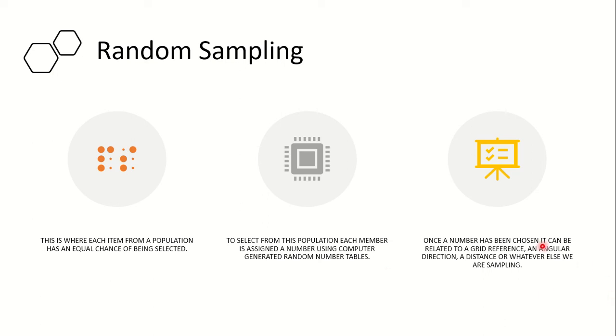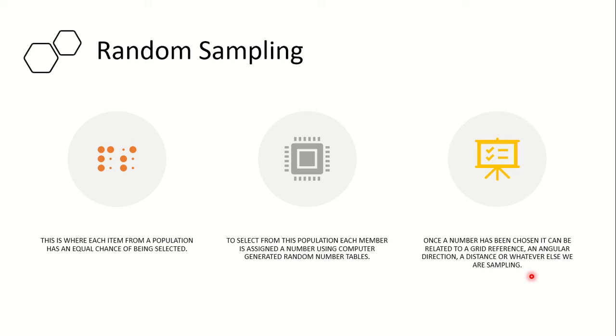It's important to note that you can use random number generators in lots of clever ways. For example, if you wanted to do a transect line over a beach, it would be important to you that that transect line is also not a biased choice.